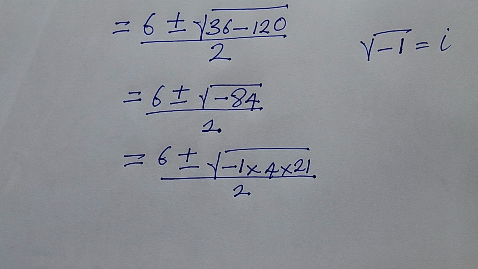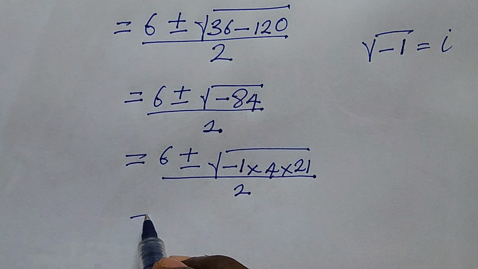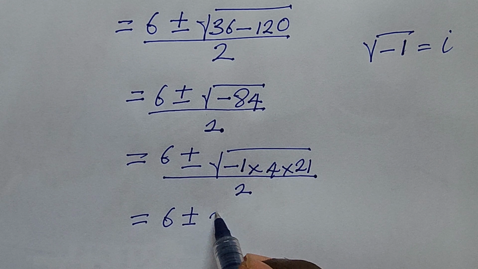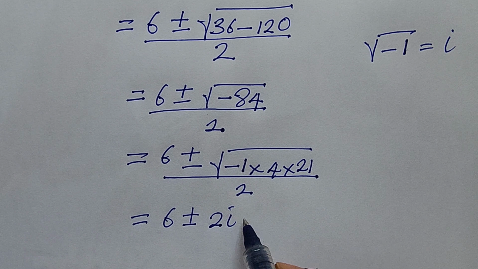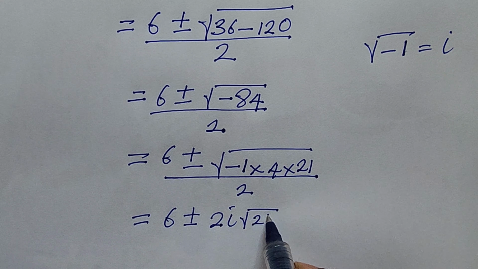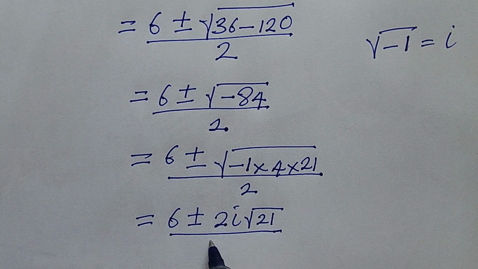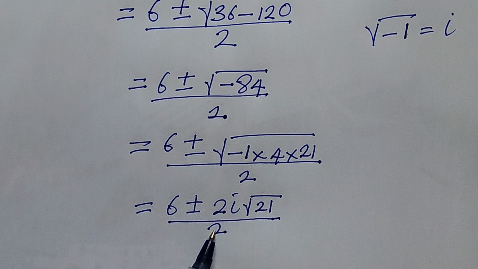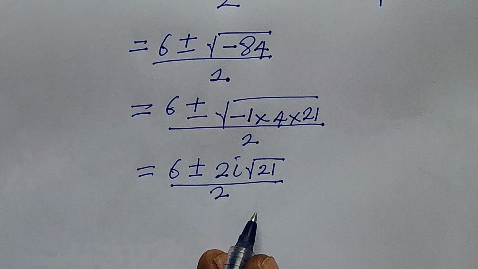So we can bring that in here, and the square root of 4 gives us 2. We end up having 6 plus or minus 2i into the square root of 21, everything all over 2. Because we can factor out 2 from the numerator and we have 2 in the denominator, let's go ahead and factor out 2.